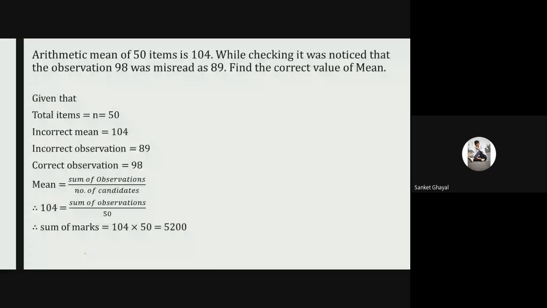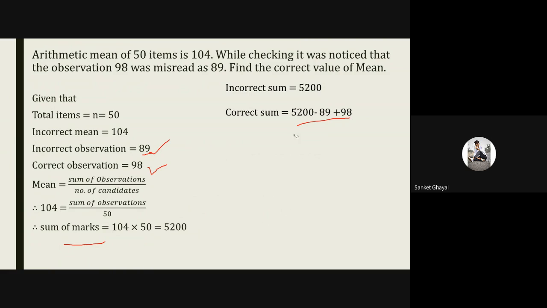We got this sum, but what is wrong with this sum? Incorrect sum, because we have taken it as 89. From this we will reduce the wrong observation and add the correct observation. Incorrect sum is 5200. Out of this, the sum will be 5200 minus the wrong observation. Reduce the wrong observation and add the correct observation.